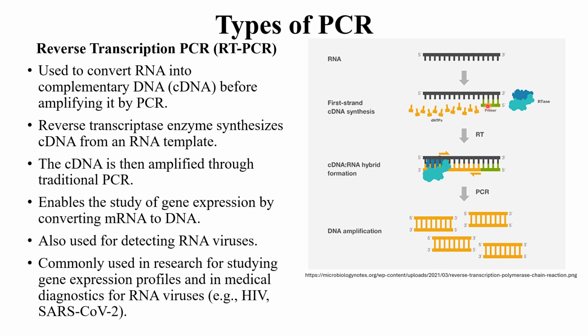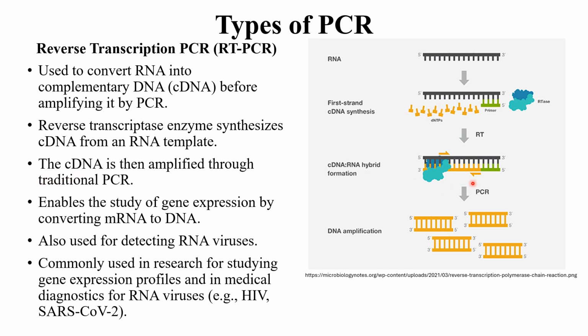Of course, it requires a primer, then it adds the deoxynucleotides to the primer, complementary to the base pairing, in accordance with the Watson and Crick base pairing rules. So it creates a complementary cDNA.